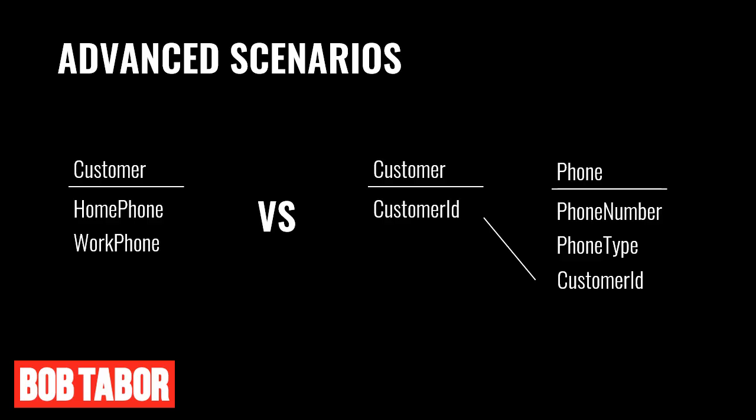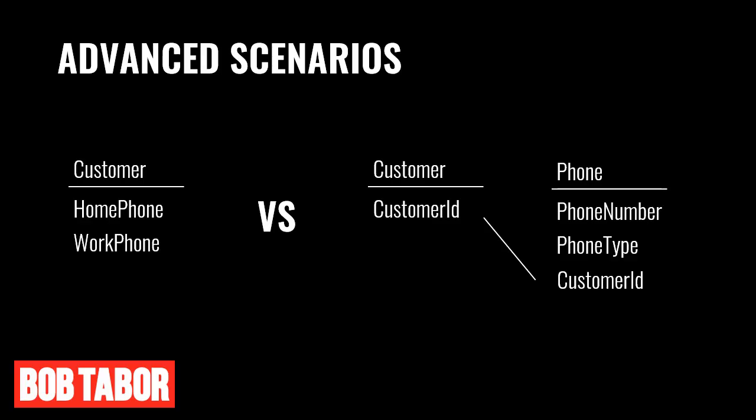Now, in more advanced scenarios, an ORM may be used to fundamentally provide a different way of representing data. And you can see a little illustration here. I quickly put this together. On the left-hand side, perhaps an application is modeled in such a way that a customer has a home phone and a work phone property on the customer class itself.